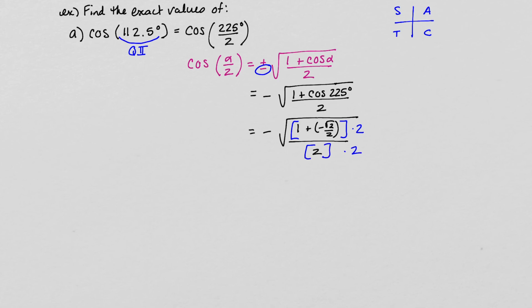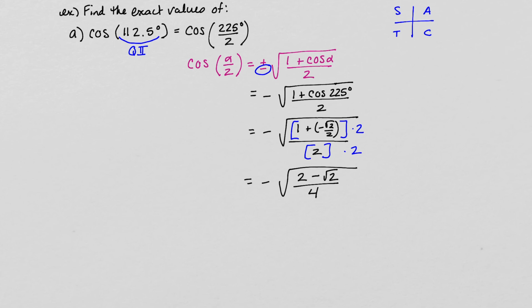So this is negative the square root of: 2 times 1 is 2, then a plus and a minus is just a minus, and in that second piece the 2's cancel, so we have 2 minus root 2, and on the bottom it's all over 4. I am definitely okay with you leaving that as your final answer.